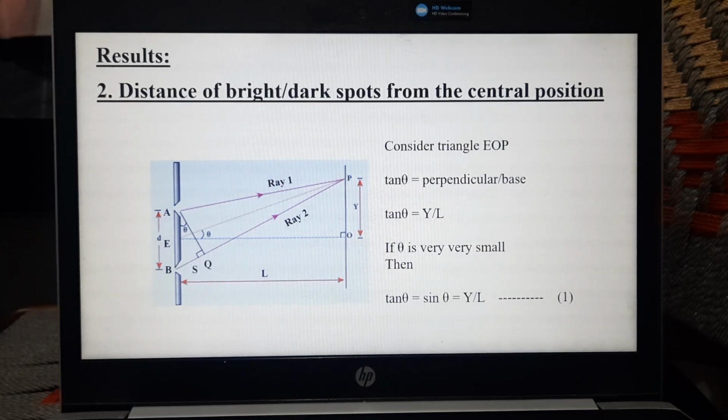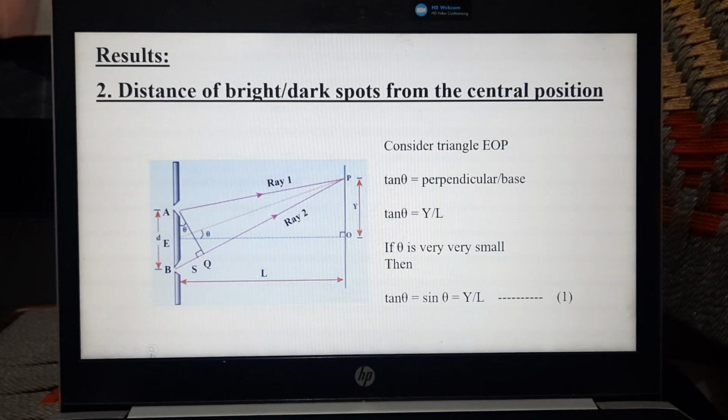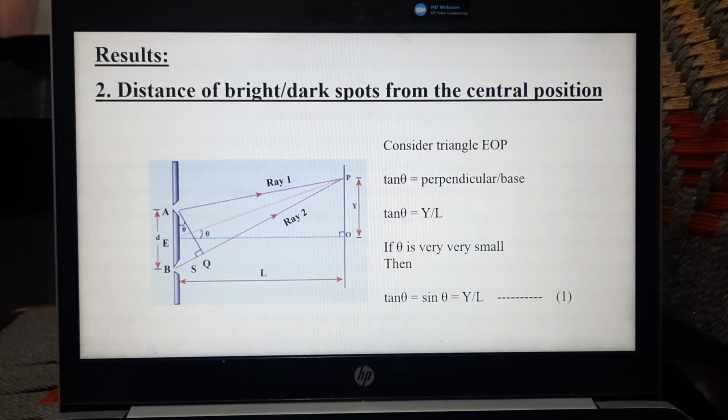So in order to calculate the distance of the bright spot P from the central position O, I will consider the larger triangle EOP. You can traverse the larger triangle EOP.